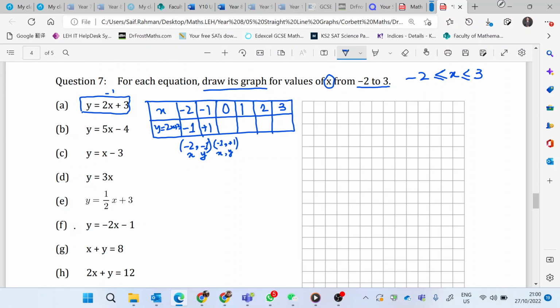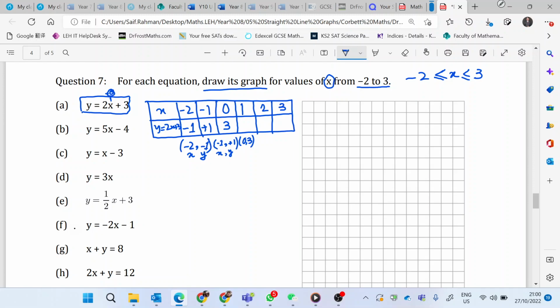Now for the next value we put 0 in place of x, then two zeros are 0, and we are left with only 3. So the y value is 3, and the next coordinate is 0 and 3. Next we put 1 here. Two ones are 2, plus 3 is 5.